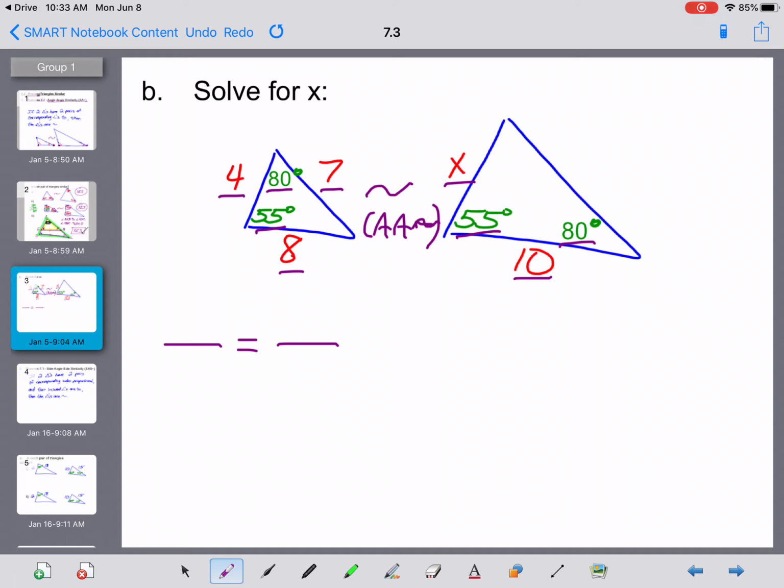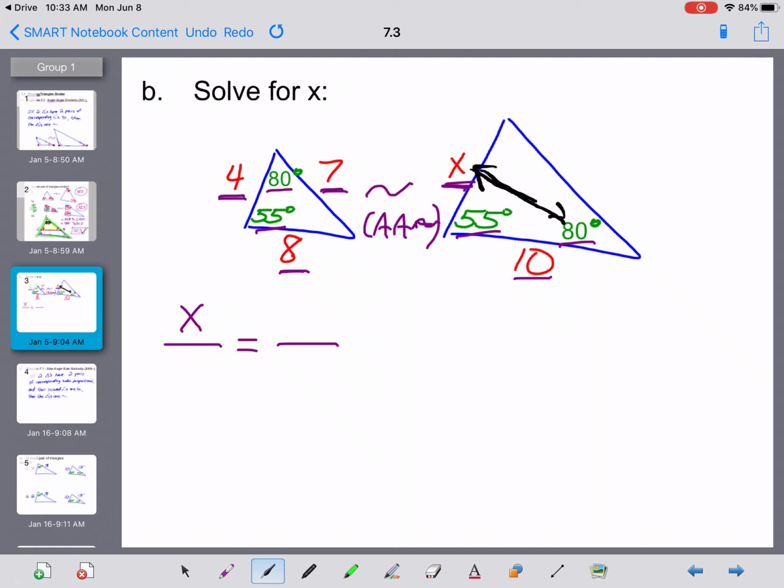Here's what we're going to do. We're interested in finding x, so I'm going to start with that. There's a lot of different ways to set up this proportion, but I'm going to run with that. My question now is, which of the three sides in the first smaller triangle, the 4 or the 7 or the 8, corresponds with the x, or is in the same relative position? The easiest way to do that is to look across the triangle from x and ask yourself which angle is opposite from that.